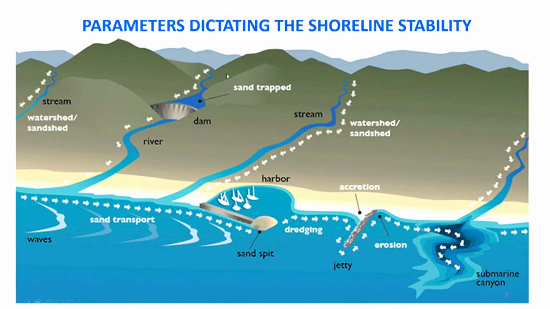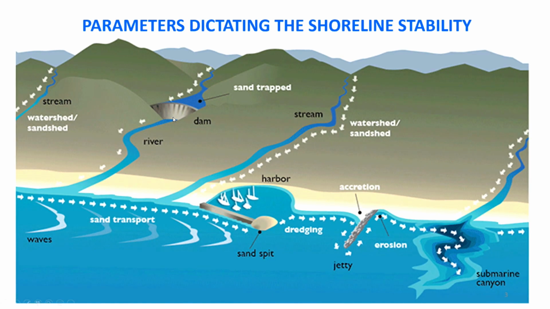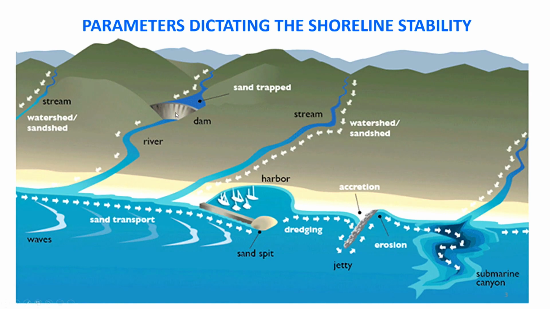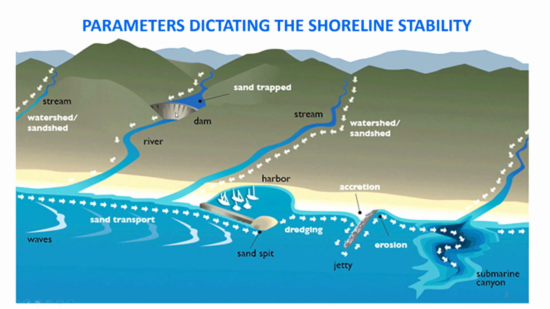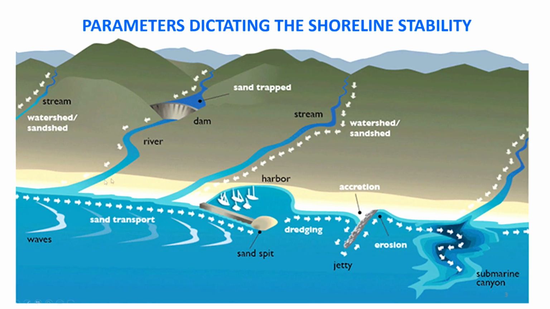So there is one small defect if you construct a dam, but that doesn't mean that you should not construct dams. So as I said, measurement of these parameters of the rivers is already in progress.